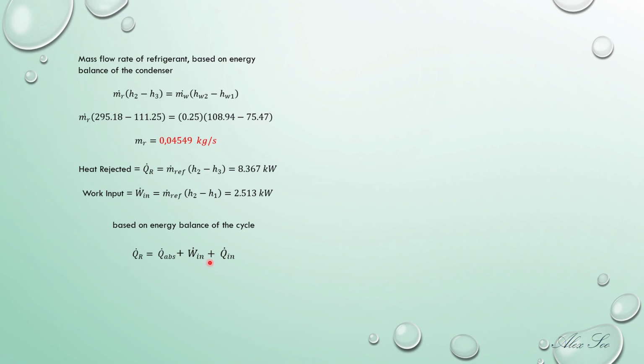Based on this, again this is an energy balance. We know that the energy input to the cycle is the work in and the Q in from the surrounding, 150 watts, which is given in the question, and this is the heat absorption. These are the three energies that go into the system, and this is rejected, leaving the cycle. When you manipulate this, you get this. The rate of heat absorption is your cooling load or refrigeration load, or we can call it the refrigerating effect.